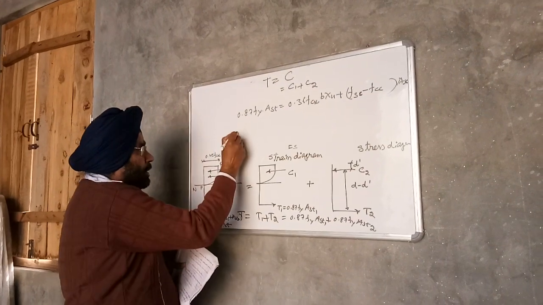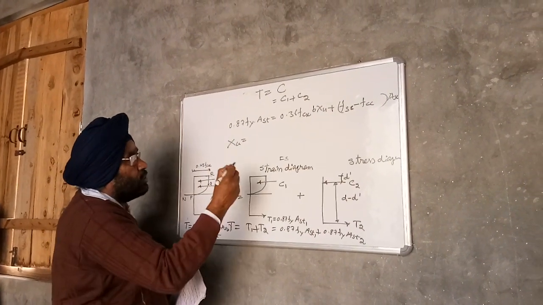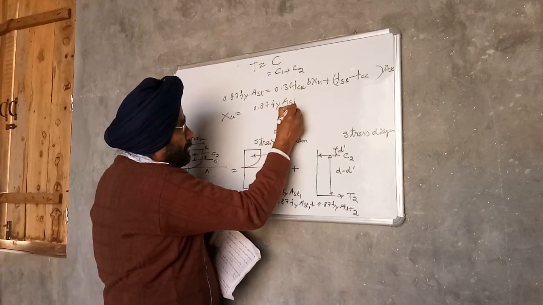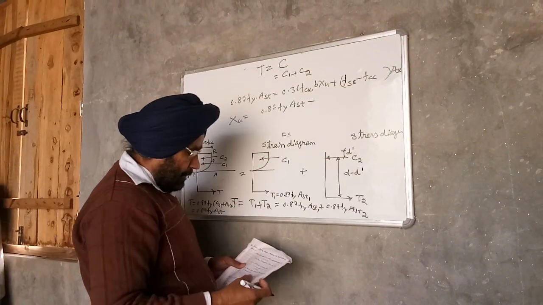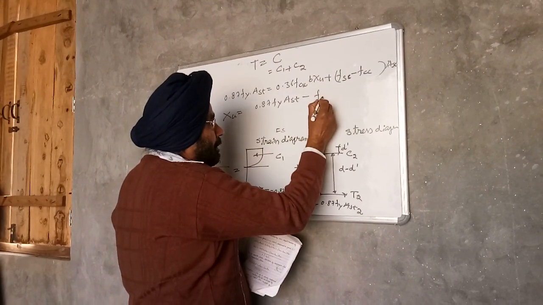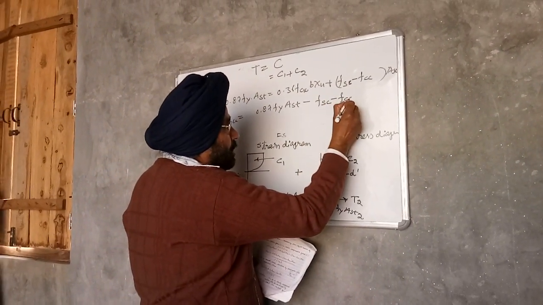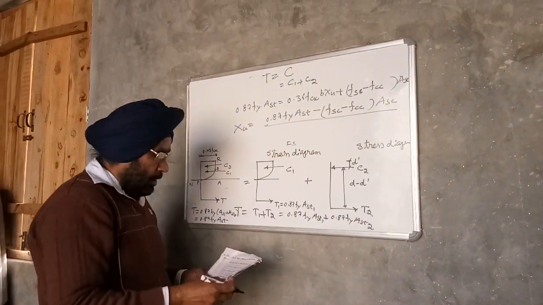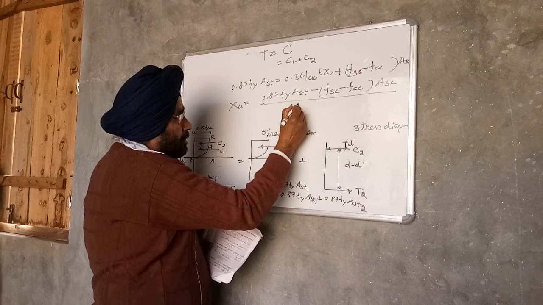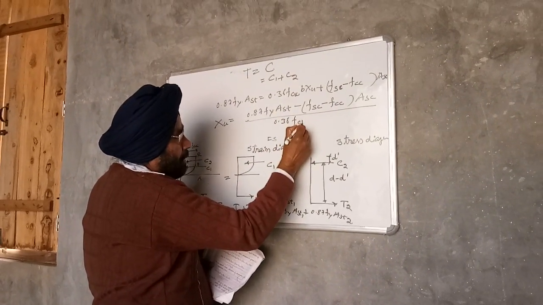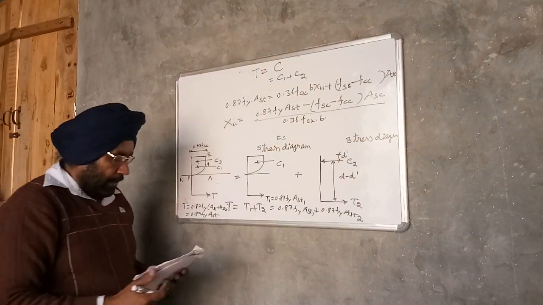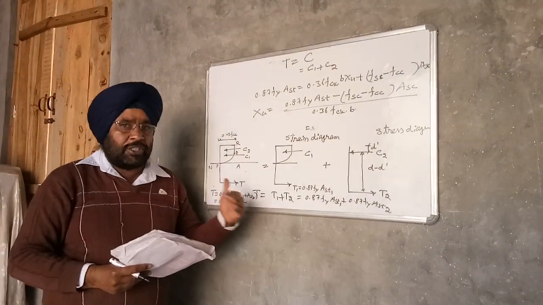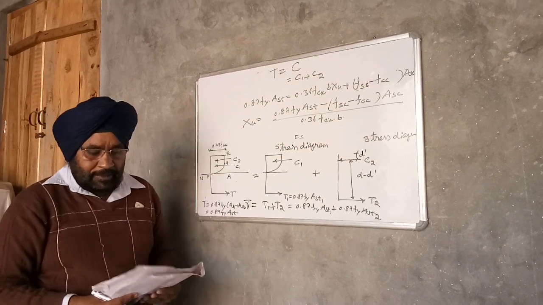So it means xu, the depth of the neutral axis from the top, has the value 0.87 fy Ast minus (fsc minus fcc) into Asc, upon 0.36 fck into b.